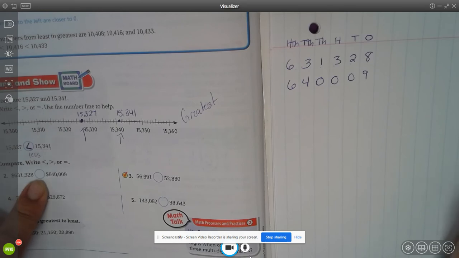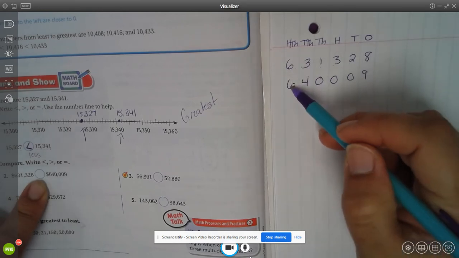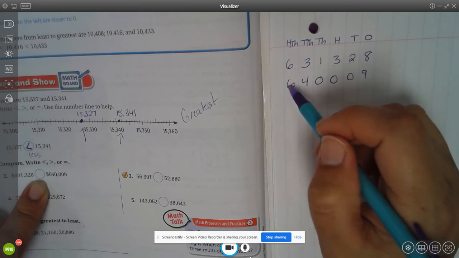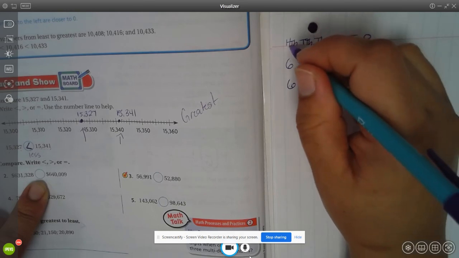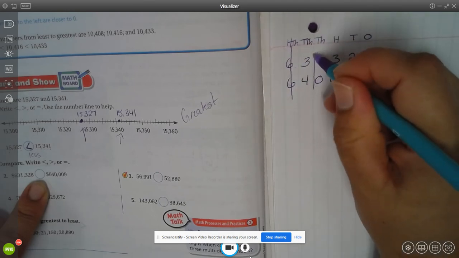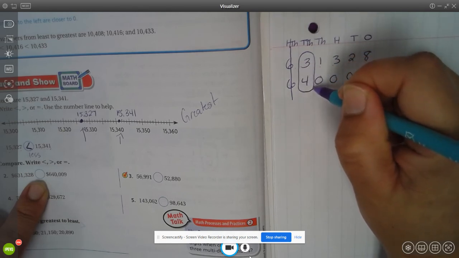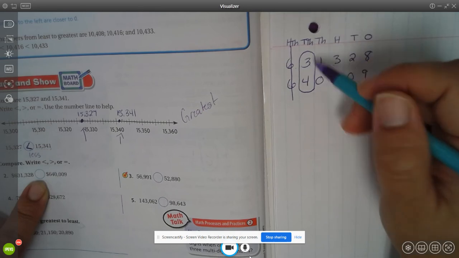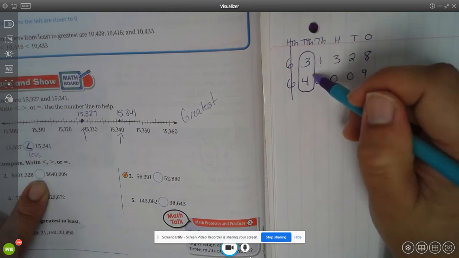Okay? So let's take a look at these two numbers. Remember, our strategy is if they have the same value in the largest place value, we start on the left-hand side comparing. Same, we're going to mark them out. Once we move to the next place value, if we find something that's different, we circle those and decide which one is larger, the 3 10,000s or the 4 10,000s. So we know 4 is larger.